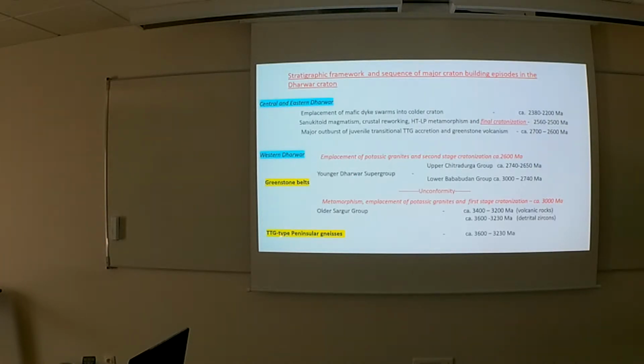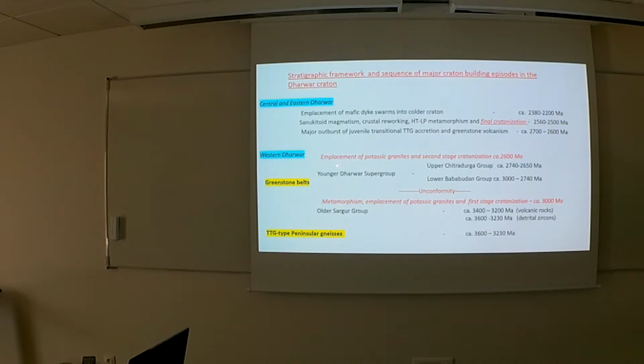We have the TTG type peninsular gneisses. They were emplaced during 3600 to 3230 million years. The typical peninsular gneiss accretion stopped at 3230. These are the typical TTG suites. Then we have the greenstone sequences.